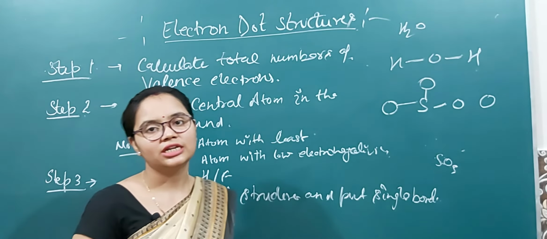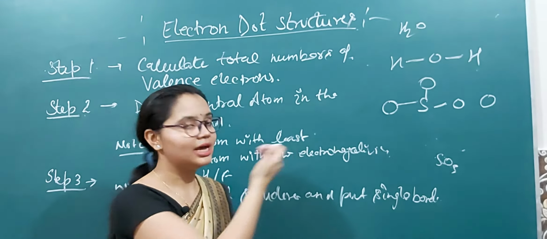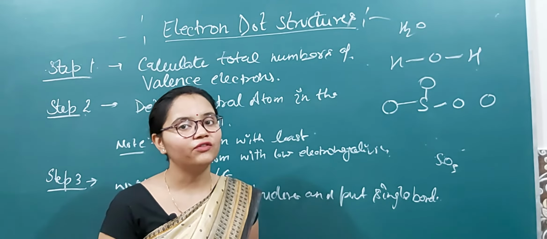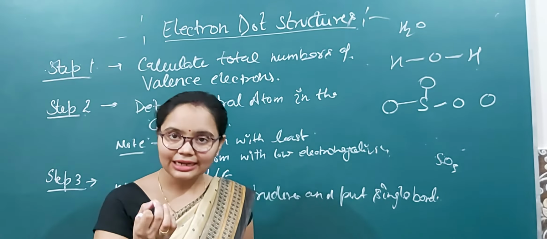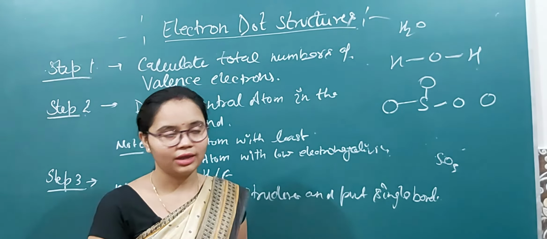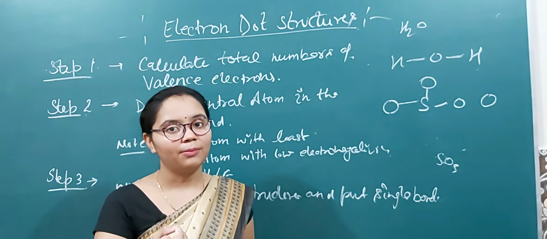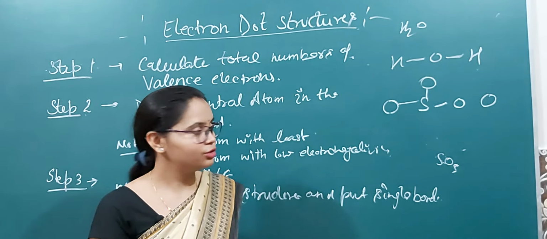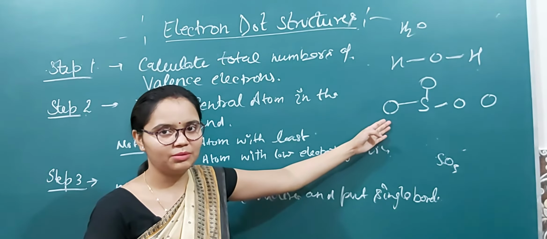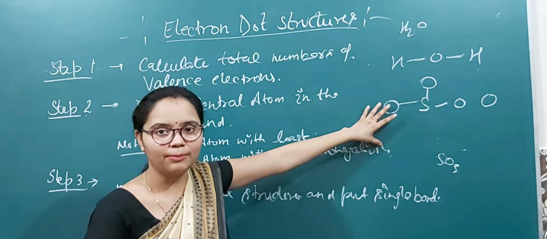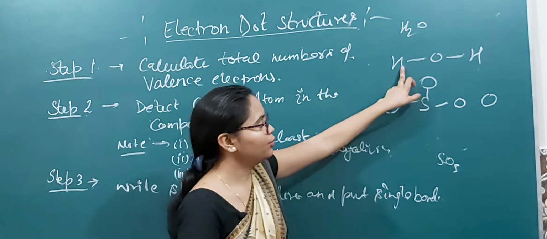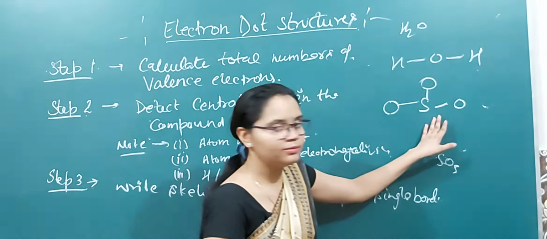This is very obvious, because if these are covalent compounds, then at least a single bond should be there. There can be double and triple bonds also, but a single bond should definitely be present between all the atoms in covalent compounds. That's why I put the single bond between all the atoms.